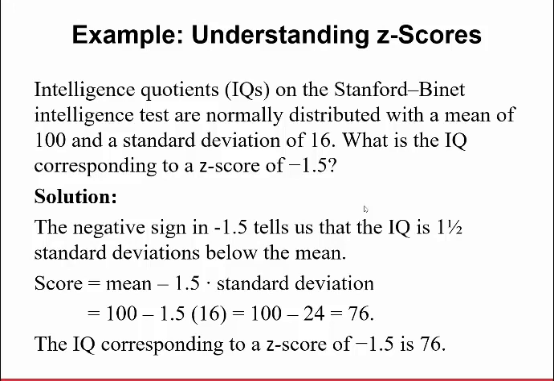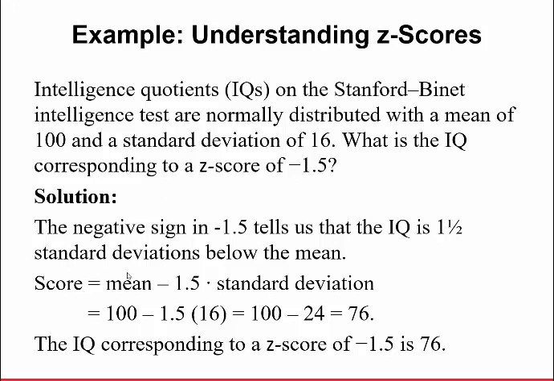Intelligence quotients, all right, these are IQs. On this specific intelligence test, we know the scores are normally distributed, with a mean of 100 and a standard deviation of 16. So what is the IQ corresponding to a Z-score of negative 1.5? Well, the negative sign tells us the IQ is 1.5 standard deviations below the mean.